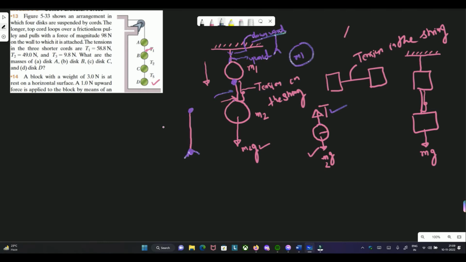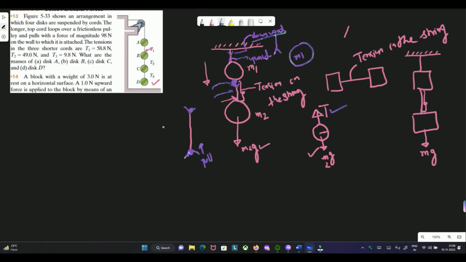The string which is connecting m1 with the wall is pulling the mass m1 upward, and the wall downward.